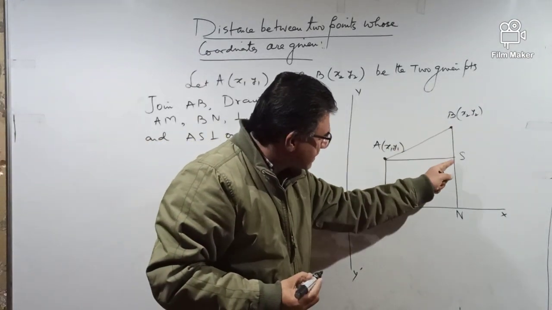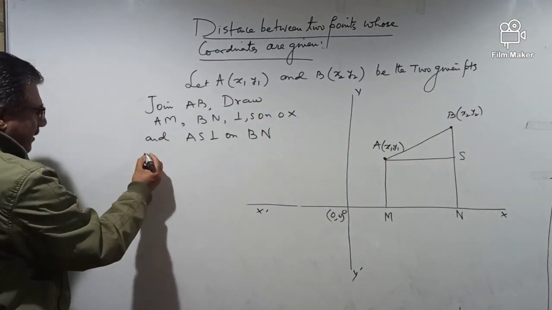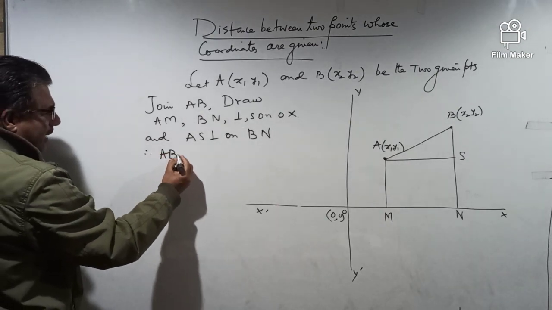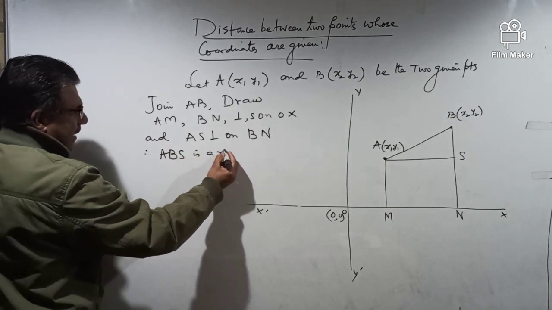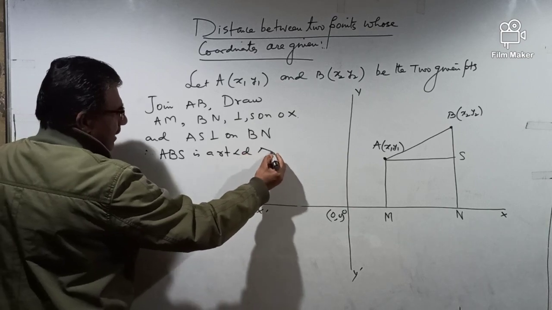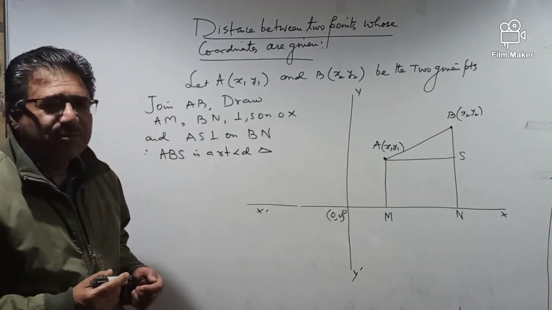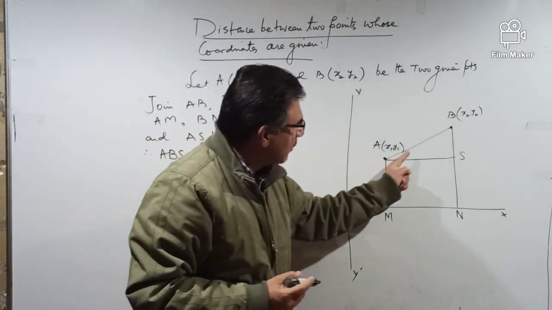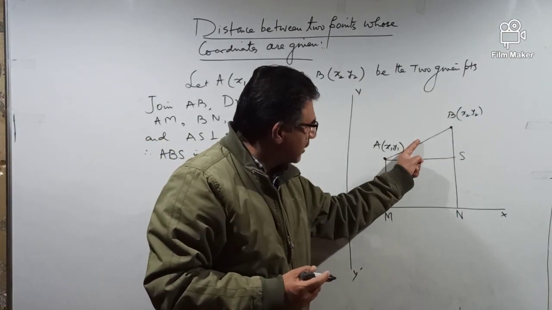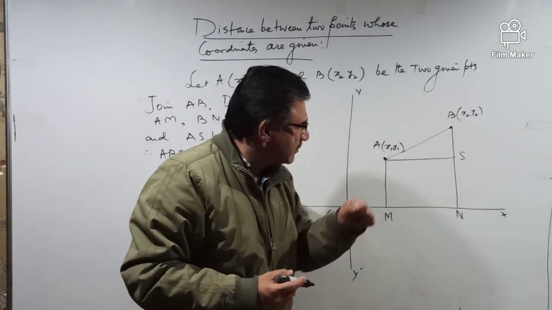Now see, ABS will become a right angled triangle. Therefore, ABS is a right angled triangle. Now you know, in a right angled triangle, you can apply Pythagoras theorem. This is the hypotenuse, this is the base, and this is the perpendicular.